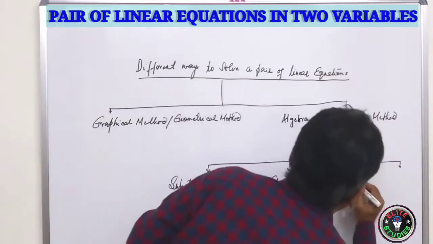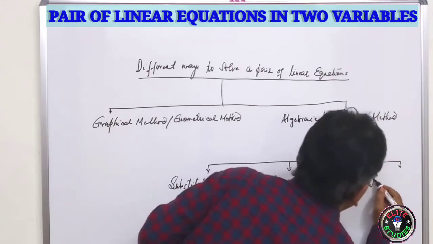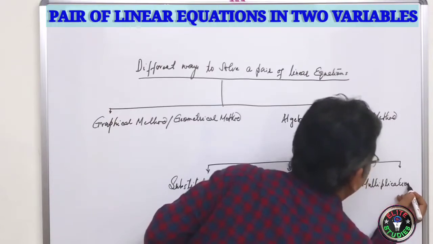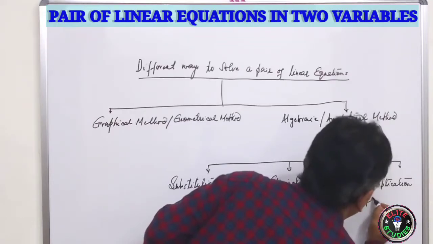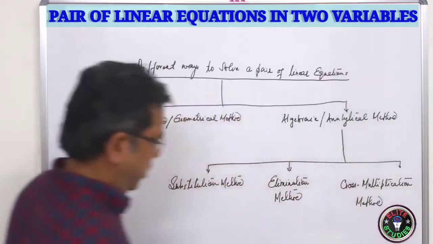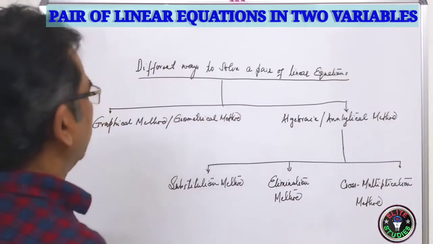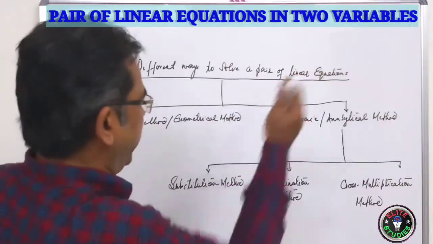And then cross multiplication method. So, these are the various ways to solve a given pair of linear equations in two variables.